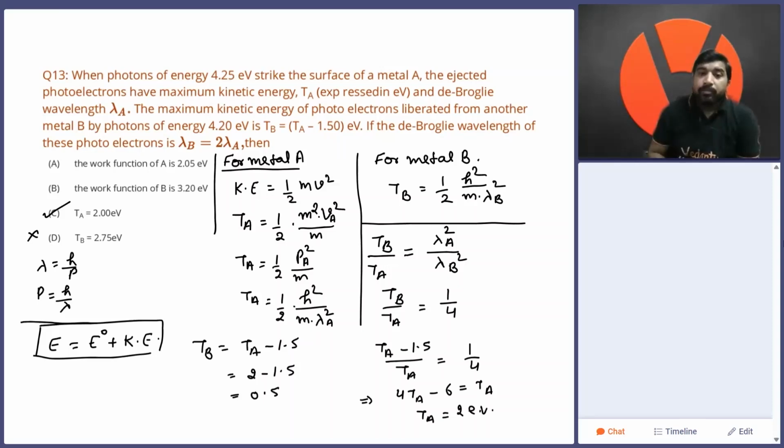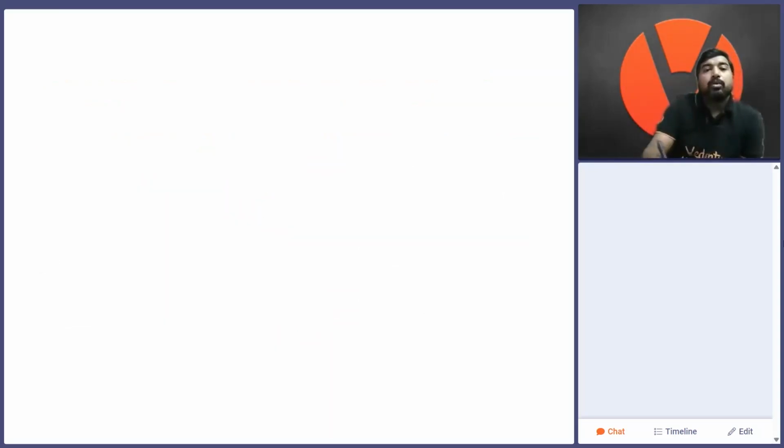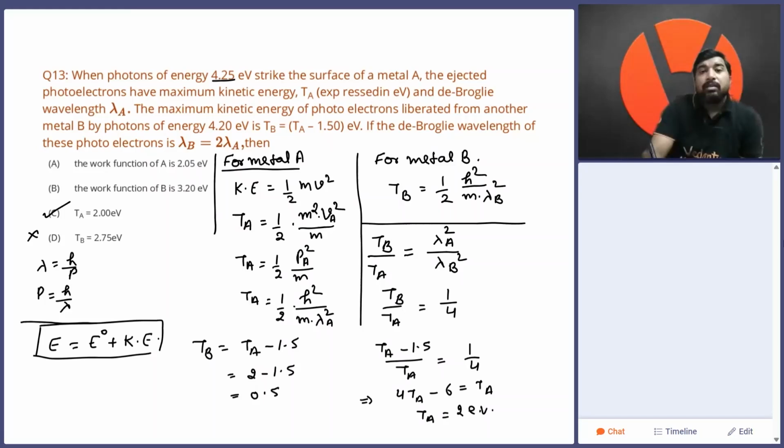Now for metal A, you know the energy of the photons is 4.25. We know the formula, E is equal to E naught for metal A plus kinetic energy. So for metal A, the energy of the photon is 4.25 and the kinetic energy is 2.